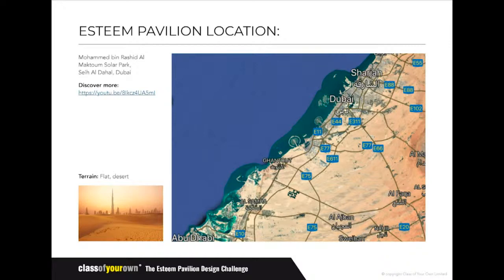Winters are cooler, but still as warm as a summer day in the UK. And unlike the UK, it hardly ever rains in Dubai, and when it does, it is in short downpours that can create local flooding. The more you know about the location, the built and the natural environment, the better equipped you are to design, engineer and construct your pavilion.